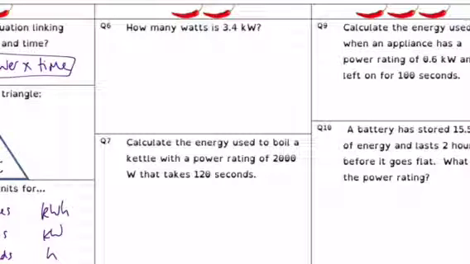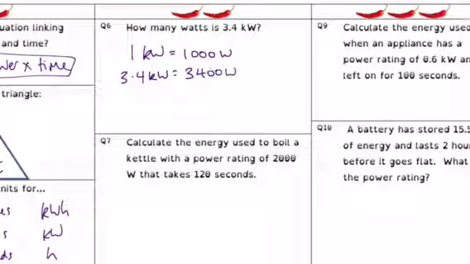For question 6, how many watts in 3.4 kilowatts? Well, earlier we said in 1 kilowatt there's 1,000 watts. So in 3.4 kilowatts we multiply that by 3.4, so that's 3,400 watts.